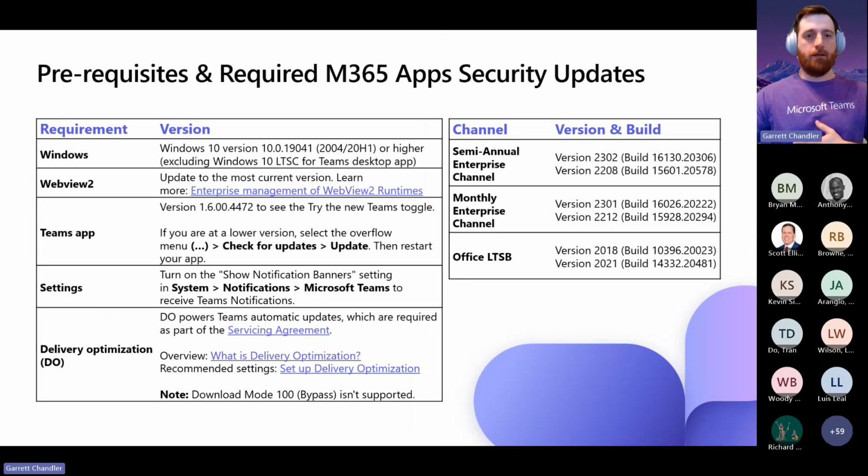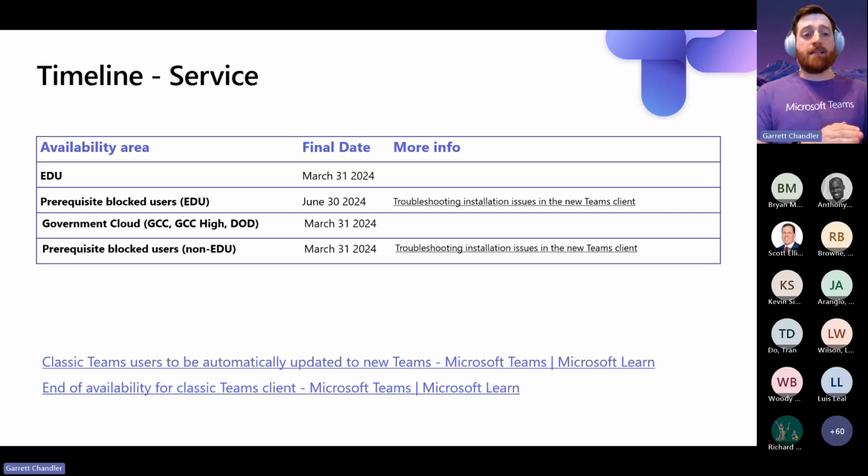Going a little bit ahead here. The next one that I just wanted to call out, from a service perspective. So we were talking about the client, but the new Teams as a service is keeping those dates intact as well. The only exception would be if you have any users that have those prereqs not met, and I'll share what those prereqs are in just a moment, but that is still June 30th.